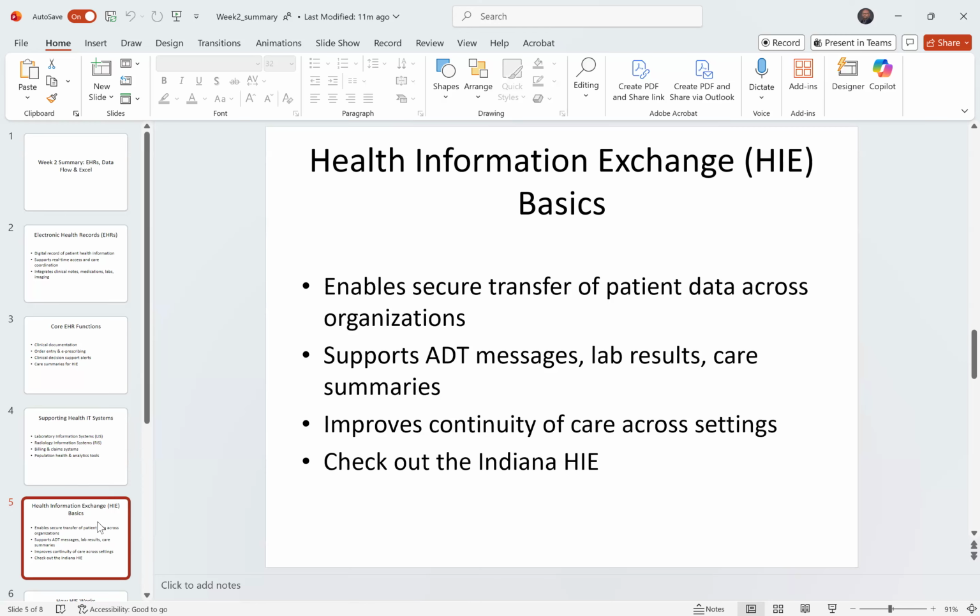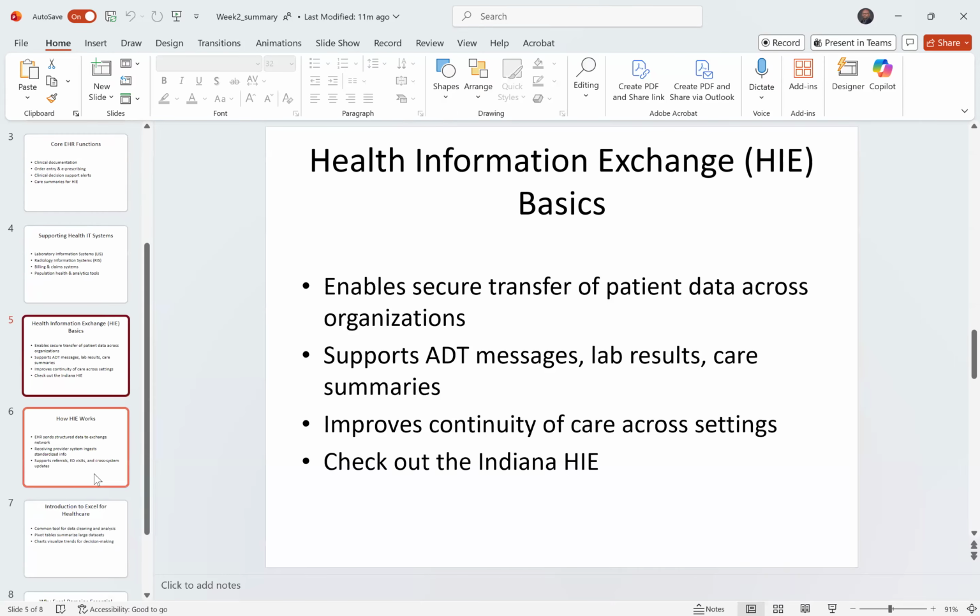We're not there yet, but there's a lot of promise. I'll tell you that most of the healthcare entities in the Indianapolis area are part of the Indiana Health Information Exchange, which is excellent. It's more excellent for the residents of Marion County. Now, the rest of the state, it's a little more challenging.